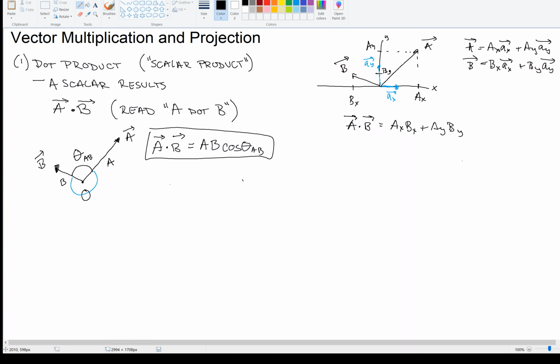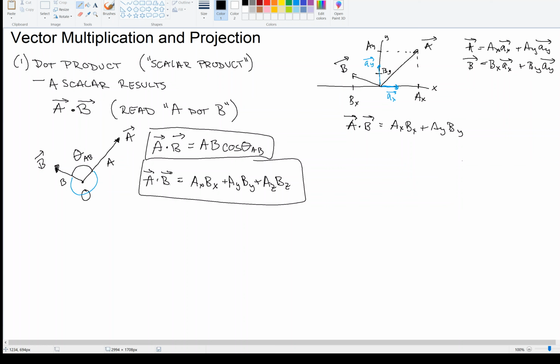So that's in 2 dimensions. In 3 dimensions, and we're almost always going to be concerned with 3 dimensions in this course, this is just Ax times Bx plus Ay times By plus Az times Bz. Right? So that's mathematically how it's defined in 3 dimensions.